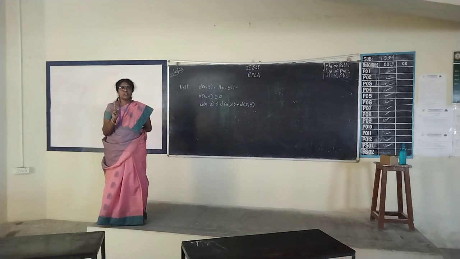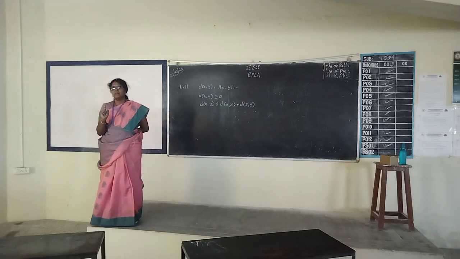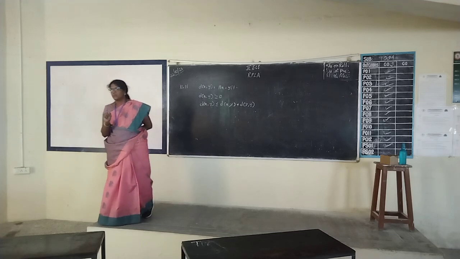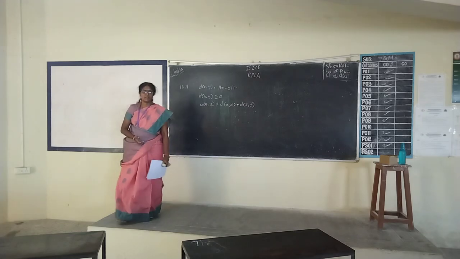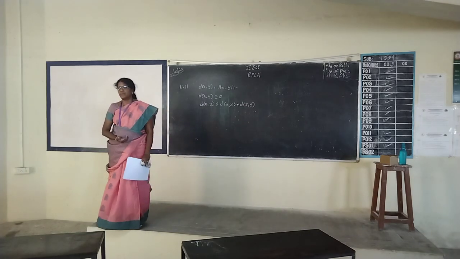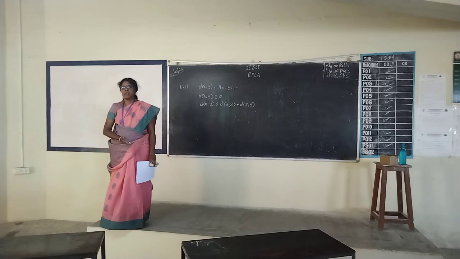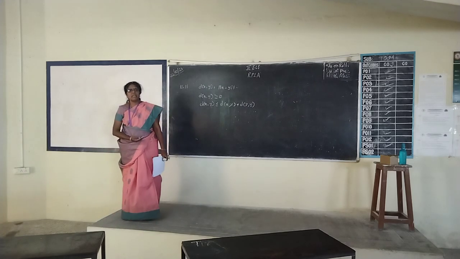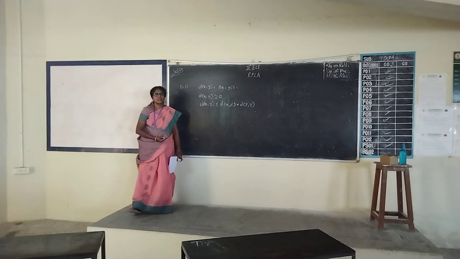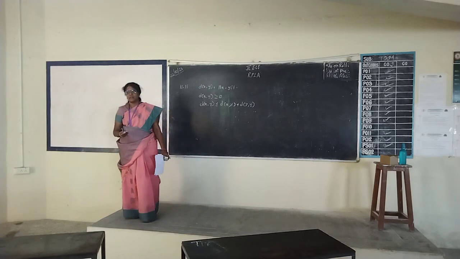What is the first one you have to prove? d of x comma y is greater than or equal to 0. How can you prove it? What is d given to me?